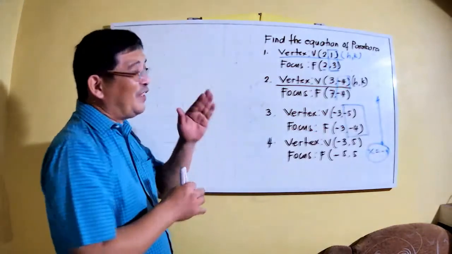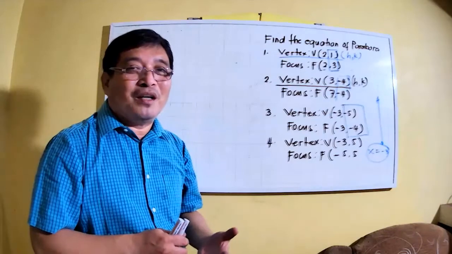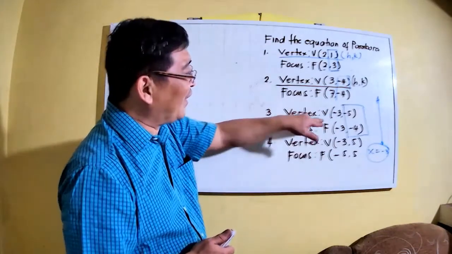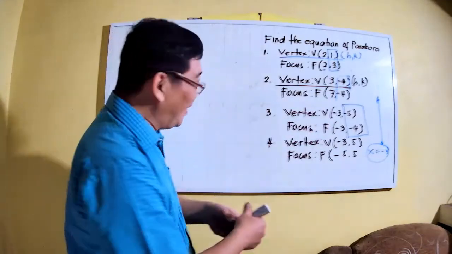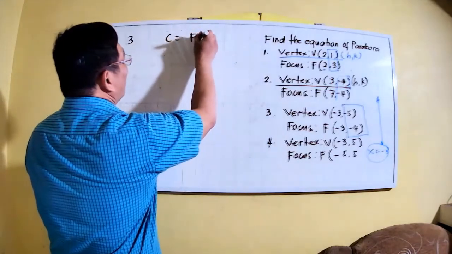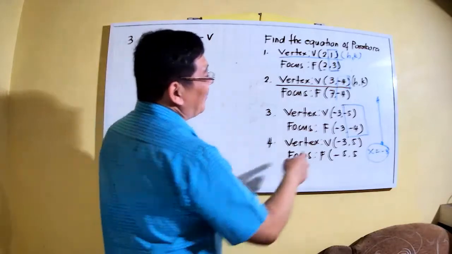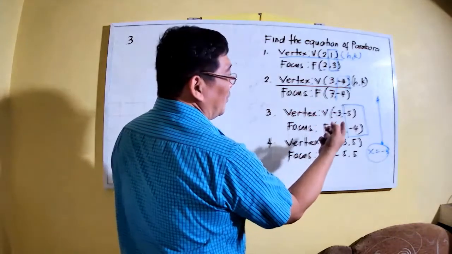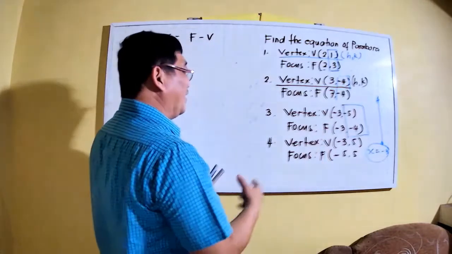Now, dahil alam natin vertical yan, it's either going up or going down. Depende the behavior of the graph. Depende yan sa magiging value ng C. Meron na agad tayong vertex. Ang C na lang titingnan natin whether it is negative or positive. The formula, again, is C is equals to F minus V. Again, ulitin ko, we cannot have the value of x since we cannot have 0 for the value of C, negative 3 minus negative 3, 0, it cannot be.